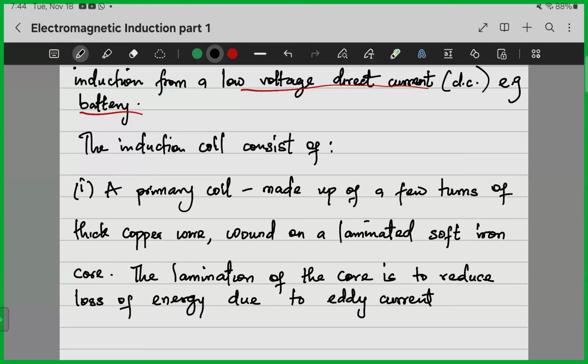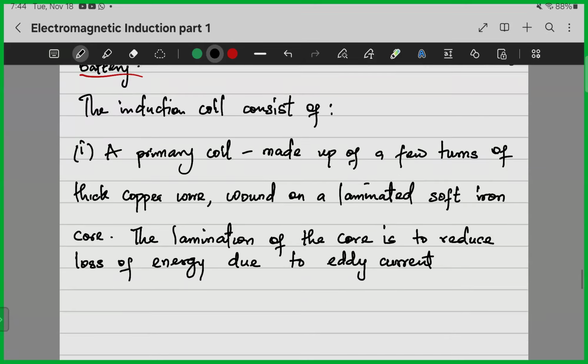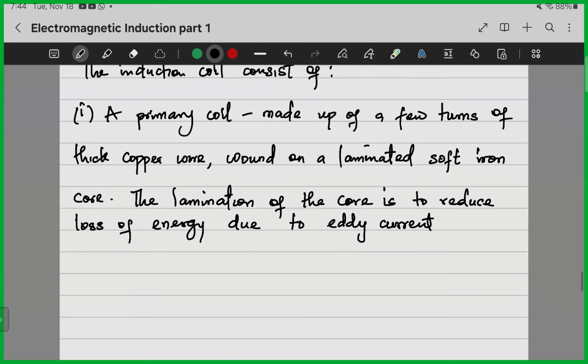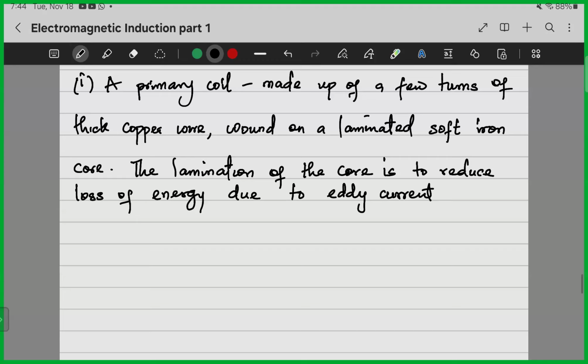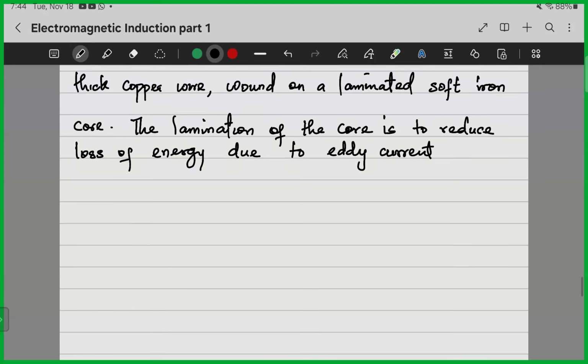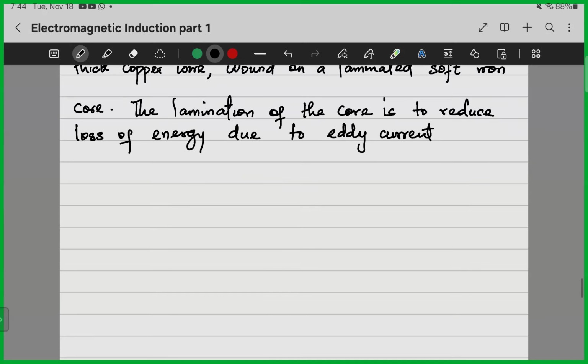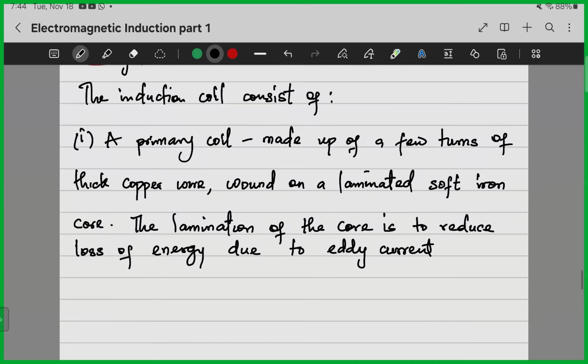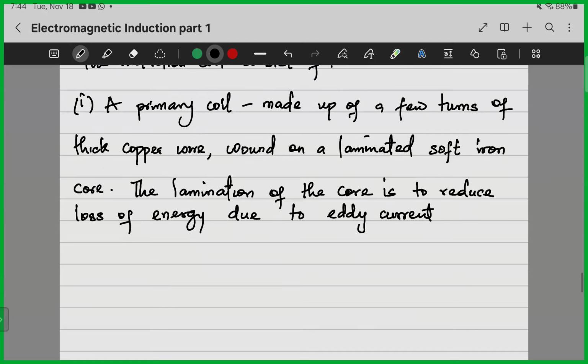So now the other, so we said the induction coil consists of that. So the other thing it consists of is a secondary coil.